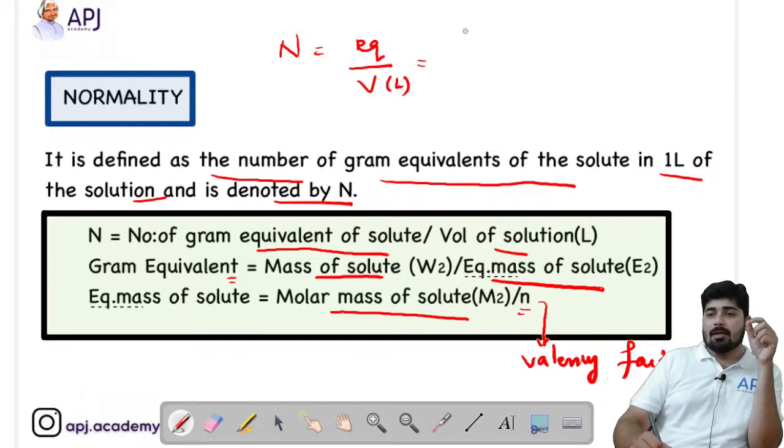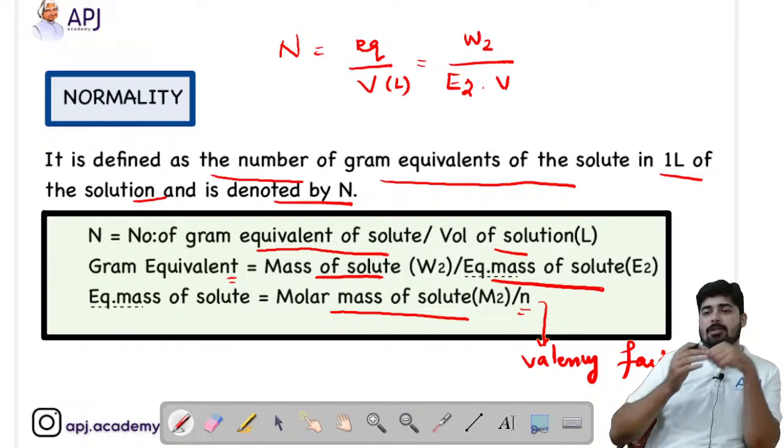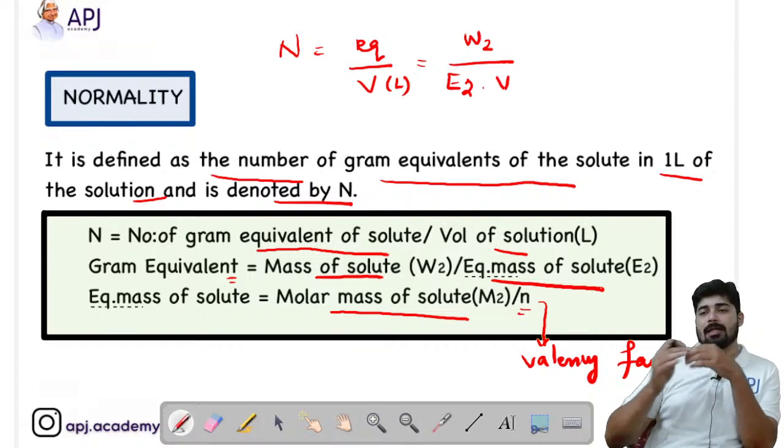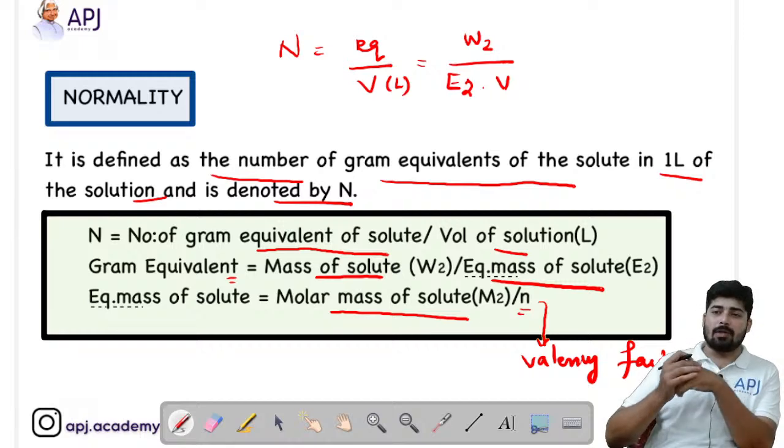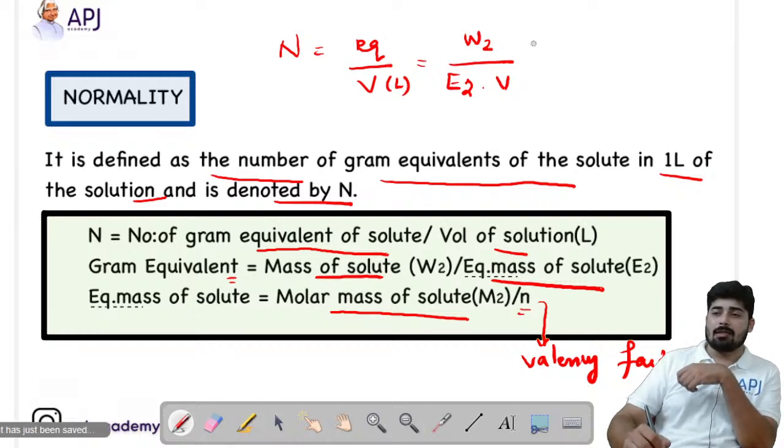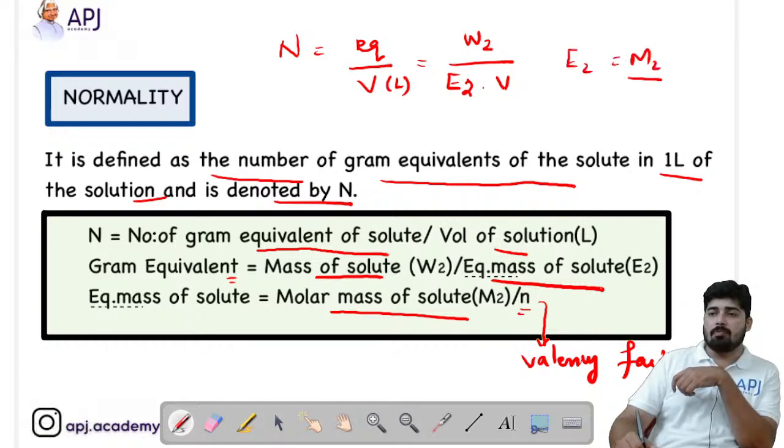It is by weight of solute divided by equivalent mass of solute. Now we have to find out what is equivalent mass. Equivalent mass, or E2, is equal to molar mass M2 by the valency factor. So this is how you find the value of E2.